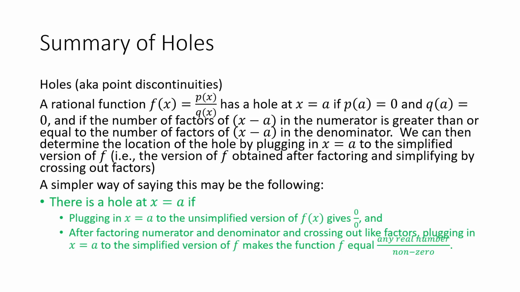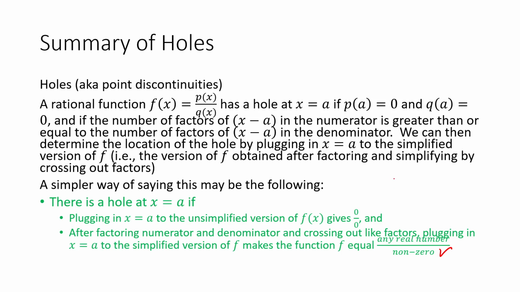All right, so to summarize, a rational function has a hole at x equals a if, reading the green portion, plugging in x equals a to the unsimplified version of f of x gives 0 over 0. But after factoring numerator and denominator and crossing out the like factors, we can plug x equals a into the simplified version, and the denominator does not equal 0 anymore.